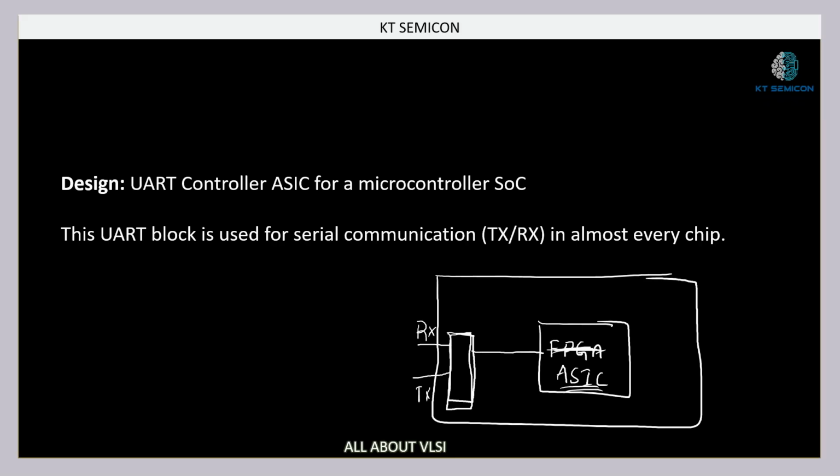Those factors are decided by this ASIC chip. So this ASIC chip is going to control this UART IC chip. Okay, this is my UART IC. Normally 1650, like that, you will have some particular chips, right? Now this ASIC is going to control this chip. Now we need to design this ASIC so that it acts as a UART controller. So let us see how we are going to design that.